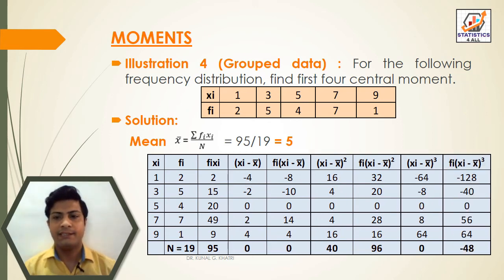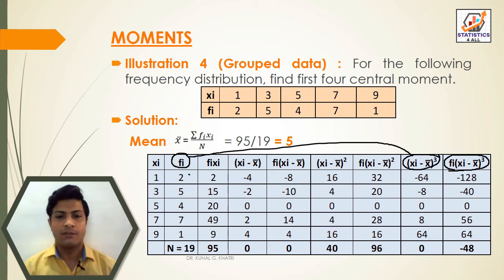So after finding this value, we'll find fi into xi minus x bar whole cube, that is, we'll multiply fi into xi minus x bar whole cube, that is here. So 2 into minus 64, that is equal to minus 128. Then 5 into minus 8, minus 40.